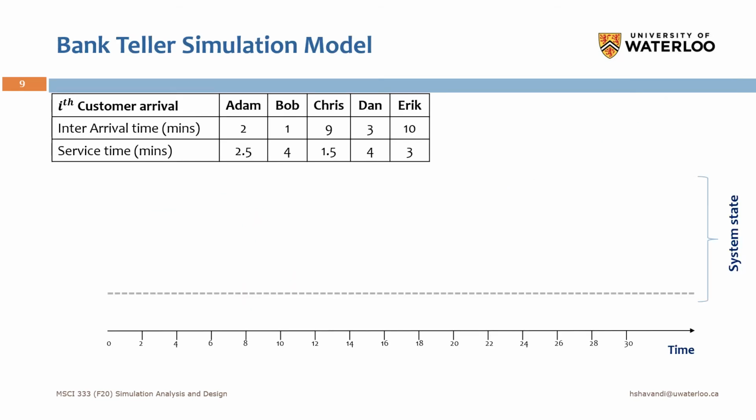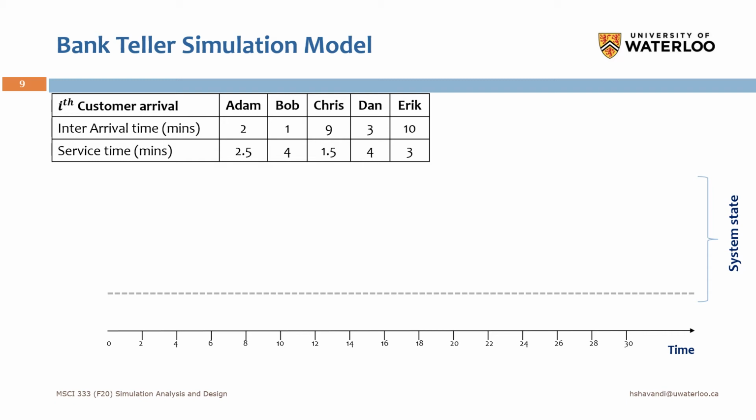So before going to Excel, let's visualize the operation of the system to see how it works, and then we'll go for simulating the system in Excel. Here we have generated the numbers for 5 customers.